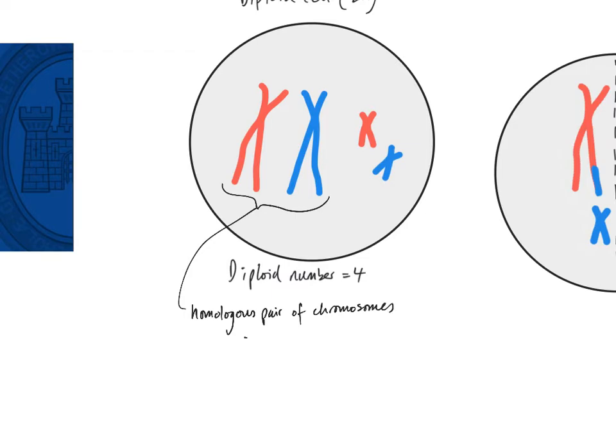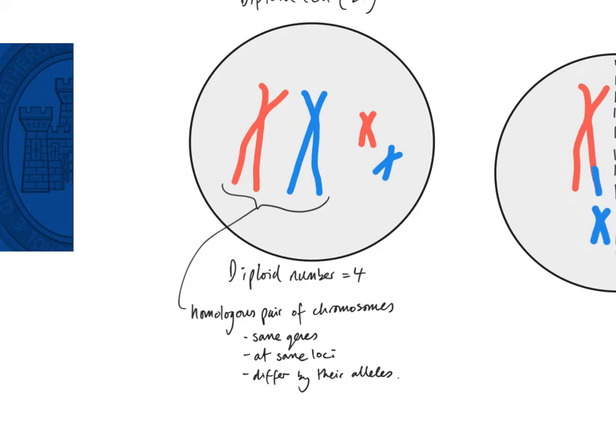And as we know, a homologous pair means they carry the same genes at the same loci. They differ by their alleles. And there's another pair there that's smaller.